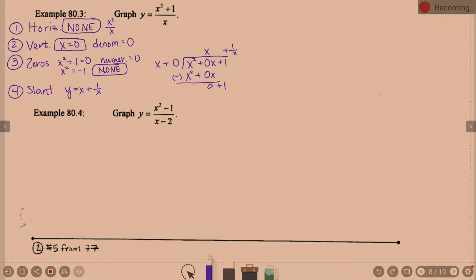Now, when you think about graphing y equals x plus 1 over x, don't worry about the remainder. The basic slant asymptote that we're going to worry about graphing is y equals x. So traditionally, you take the basic part of the slant asymptote and graph that, and you drop off the fractional part. Okay?